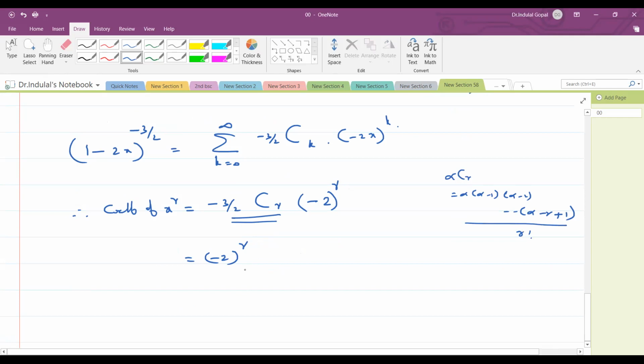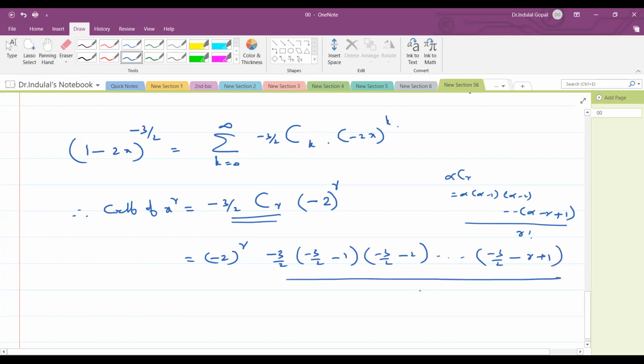So we apply the same here. So this is minus 3 by 2, minus 3 by 2 minus 1, minus 3 by 2 minus 2, etc. minus 3 by 2 minus r plus 1 by r factorial. And there are r terms like this, ending with minus 3 by 2 minus r minus 1. So there are r terms.